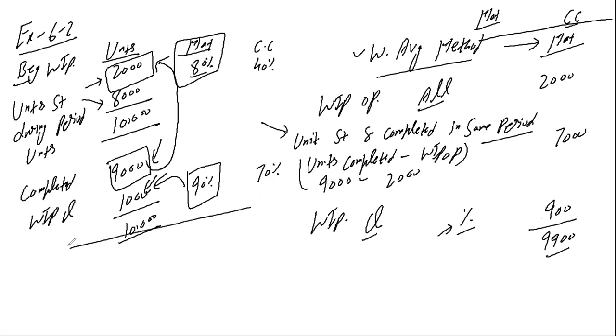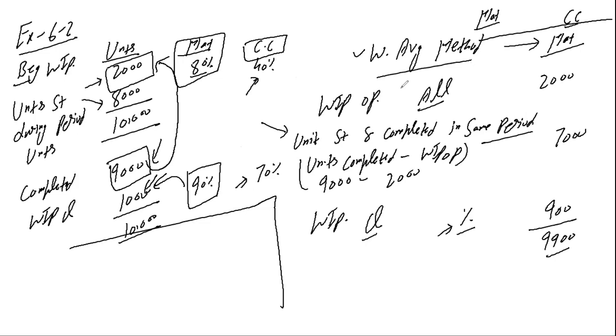Right now, students, I'll guide you for the conversion cost as well so that you will have complete understanding. Methodology will remain the same. The only thing is, when you are calculating the equivalent units of production for conversion cost, you will have to use the percentages given for conversion cost.